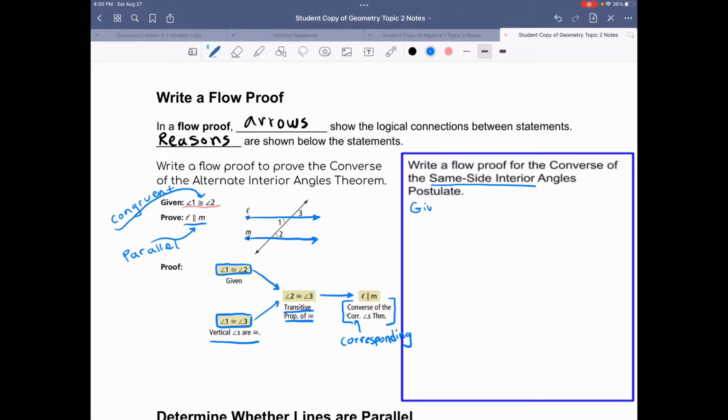So if we're going to use that postulate, then we can say from that postulate that two of our angles, we'll just call them angle 1 and angle 2, add up to 180 degrees. And what we want to prove is that lines L and M are parallel.